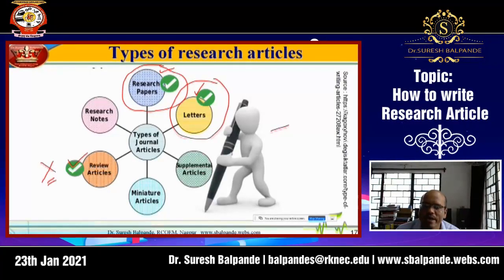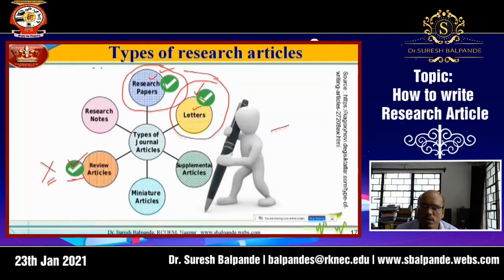You should have experience to evaluate the results of other people, because you have to criticize them. For that purpose, you should have a good background in research articles and enough research experience, then only it is possible. So better not to go for this category; proceed with the research paper and letter categories first.